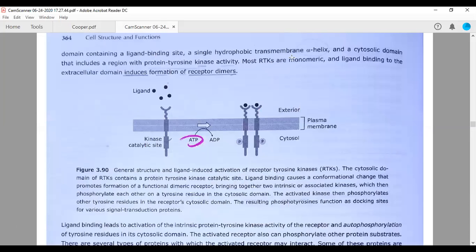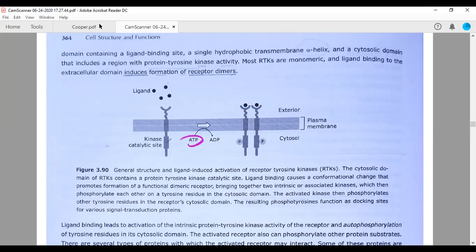Now, most receptor tyrosine kinases are monomers. For example, epidermal growth factor receptor is a monomer, as we have seen. The ligand binding induces receptor dimerization, so it will form a dimer. In this case, it is not shown in the correct way.